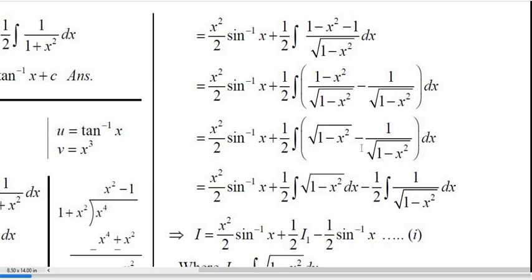Next, taking the integral on both terms, first term 1 by 2, integration of square root of 1 minus x squared dx, minus 1 by 2, integration of 1 over square root of 1 minus x squared. Okay.